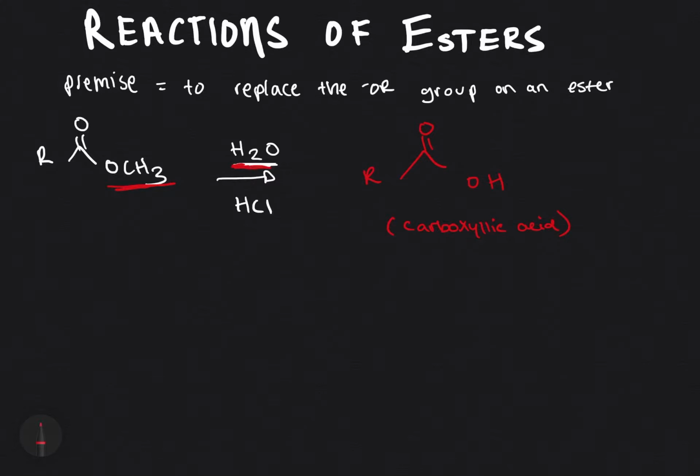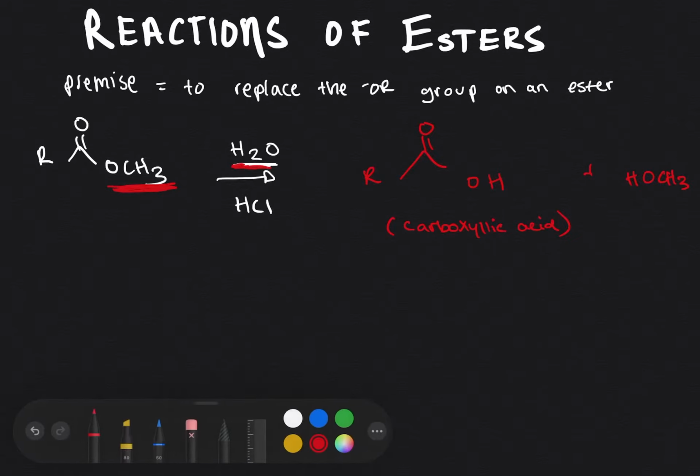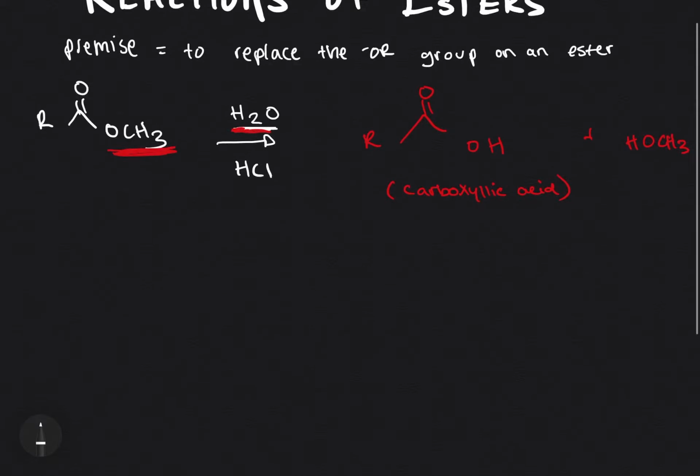Your side product, if you're curious, would just be OCH3. It would get protonated. That's just this part here, and a hydrogen will protonate that. Hopefully you can see how this OH just came right from the water.